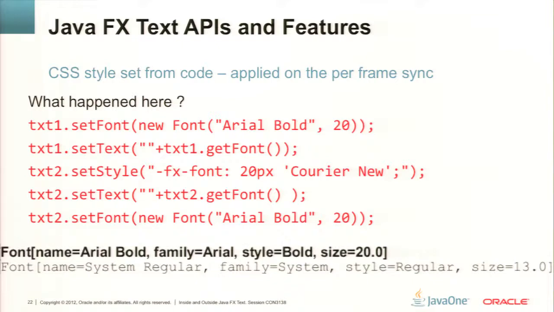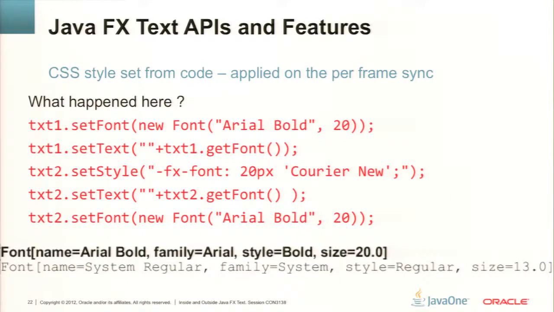Now text 2, set style. I do FX font and set Courier New using set style. And then I get the font as a string back from whatever is the current font on the text object. And remember, I just called set style, and I say that is the text.